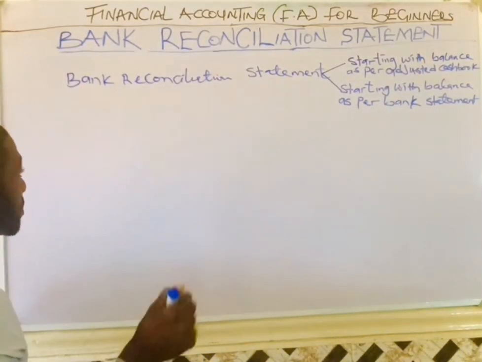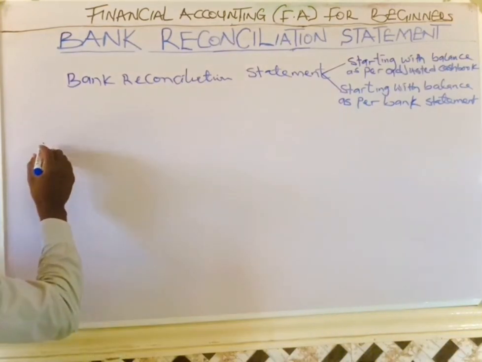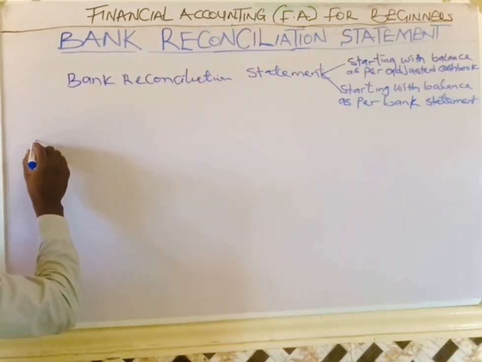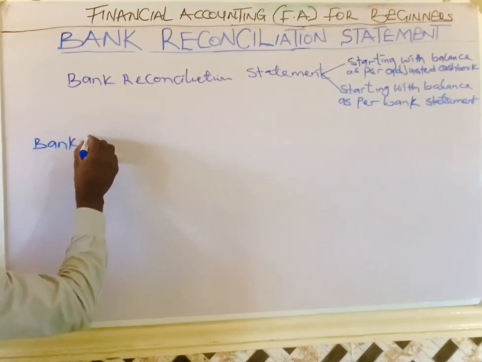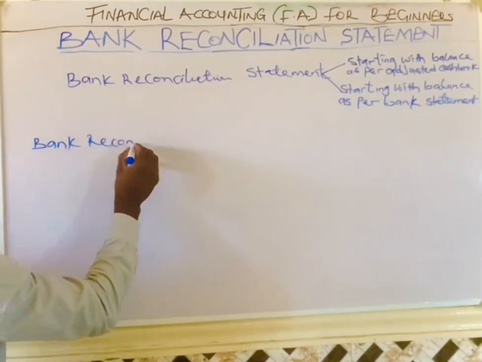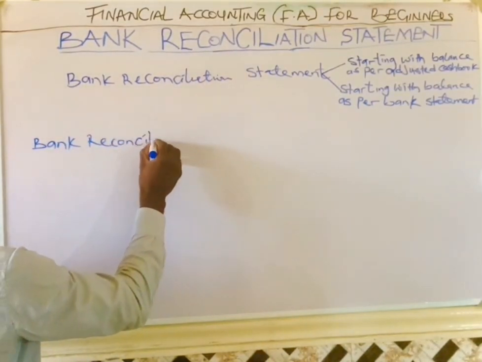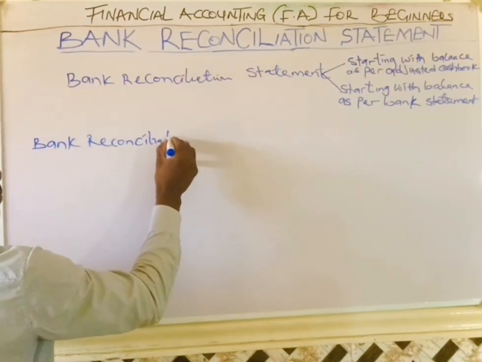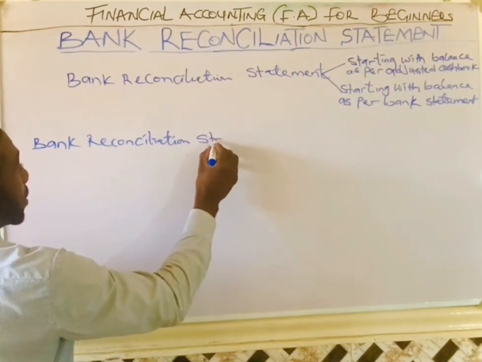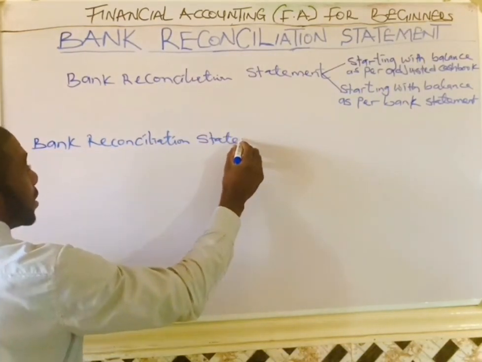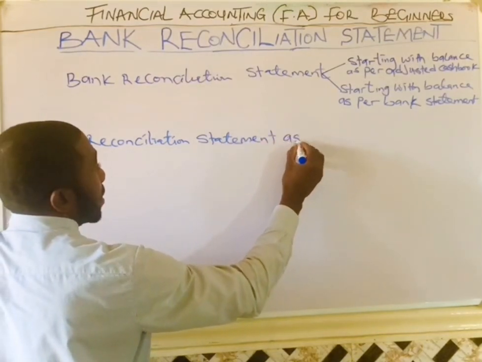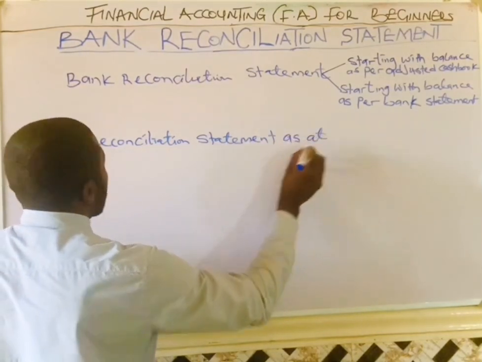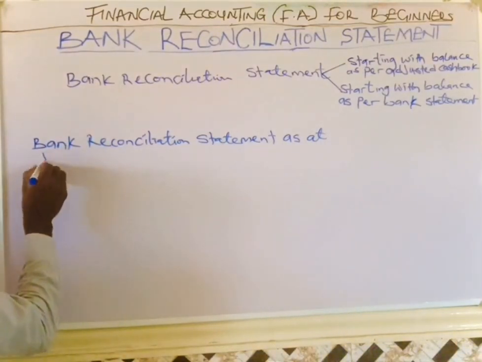So let's say this is the heading: Bank Reconciliation Statement as at July 20xx.